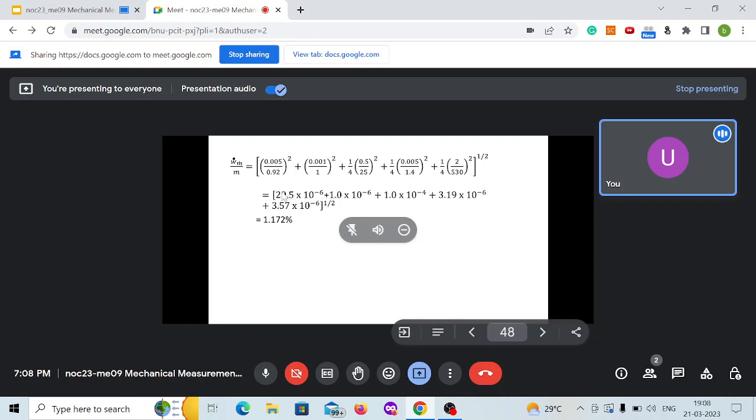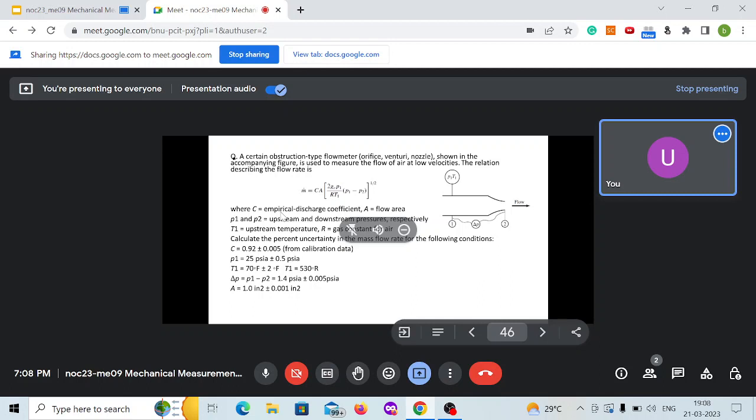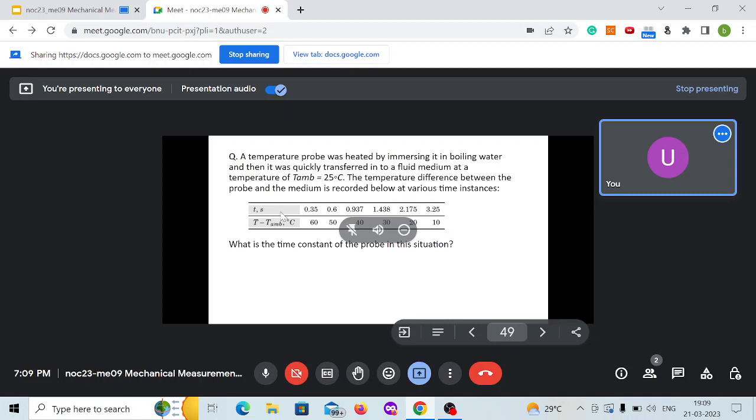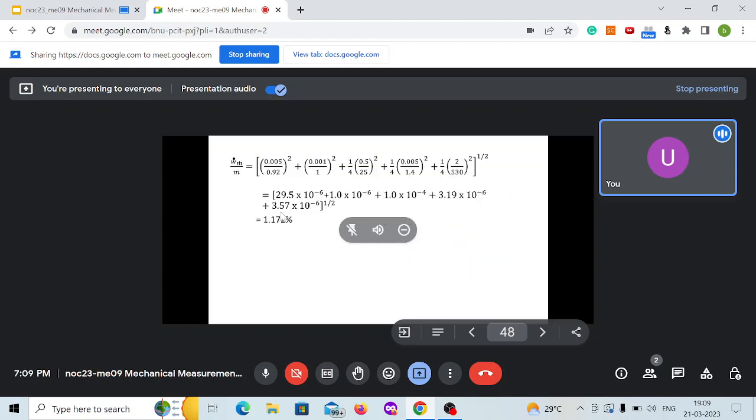So summing up all and raising to power half will give the percentage uncertainty in the mass flow rate measurement, which will be 1.172%. So we have found out the uncertainty for that.